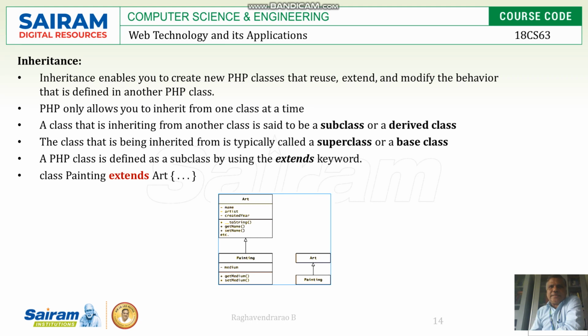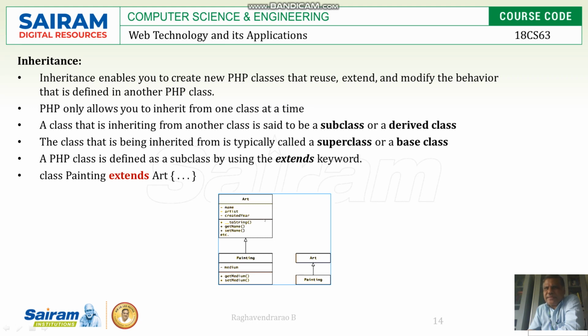Similarly, here also you are going to inherit the properties, some of the properties that you get from father to child. Inheritance enables you to create a PHP class that reuses, extends, and modifies the behavior of the defined PHP class.